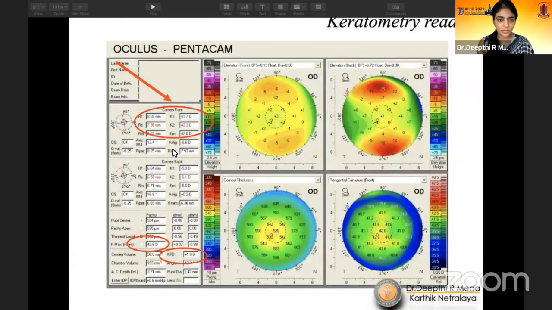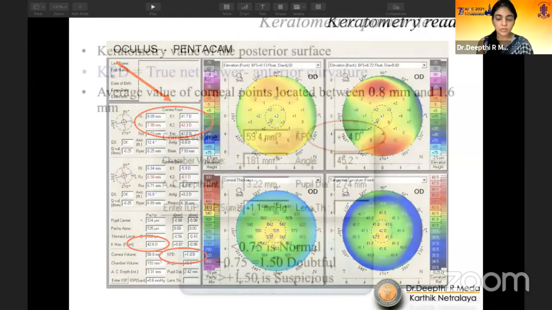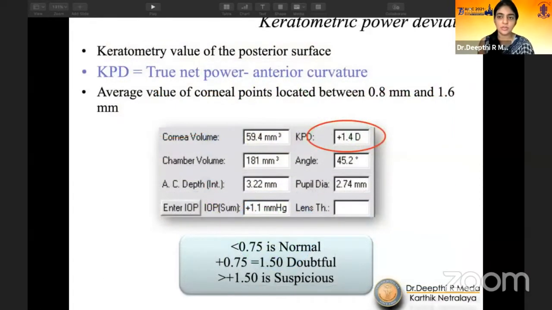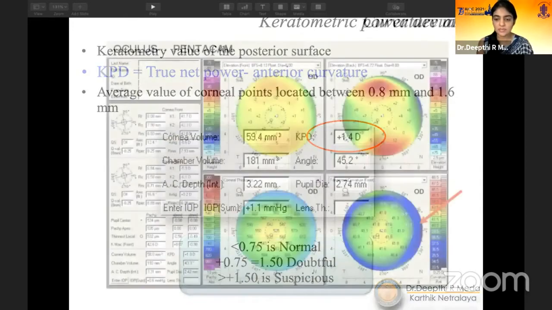On the top left, you have the SimK, and another good thing I like on these topographies is the Kmax, here 42.6. They're very useful to follow up if you're looking at picking up early progression of keratoconus. Also KPD is a good value, which basically shows the keratometric power of your posterior curvature. Anything more than 1.5 is suspicious.